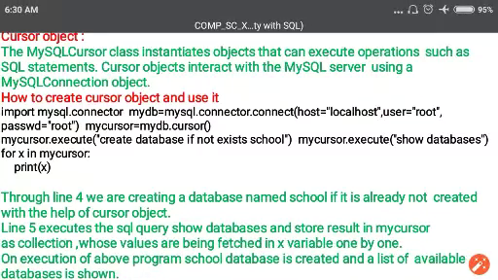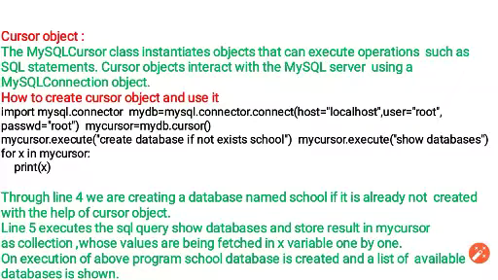Just see what we are going to write. Import mysql.connector. So this is the first line, and in the next line, I have used a variable called mydb. mydb equal to mysql.connector.connect, in brackets host equal to localhost, user equal to root and password equal to root.